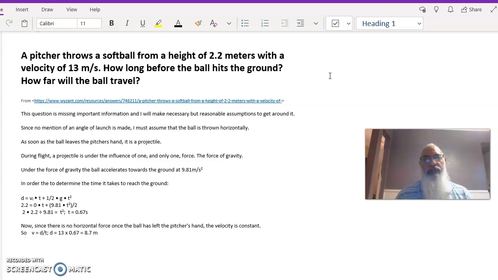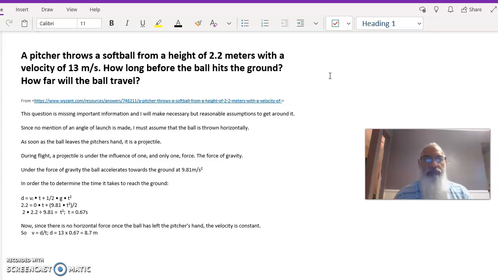The only acceleration is vertical, irrespective of whether it starts off upwards, at an angle, or horizontally. In all situations, the only force acting on the projectile is vertically downwards, and that is the gravitational force.